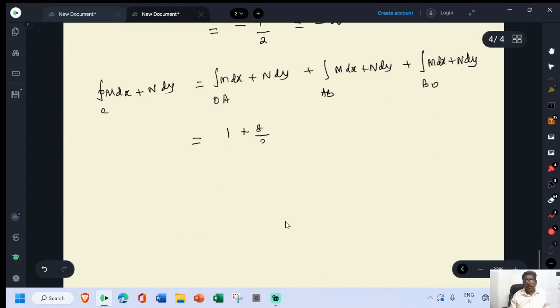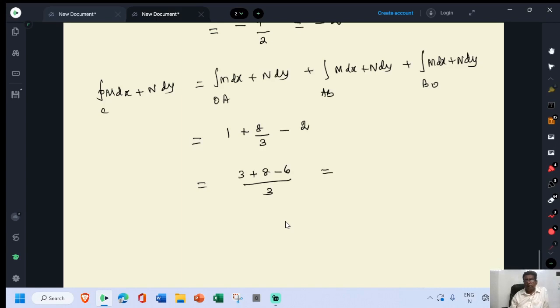And the final integral is minus 2. Then 3 plus 8 minus 6, see this, 8 plus 3 is 11, minus 6, by 3.